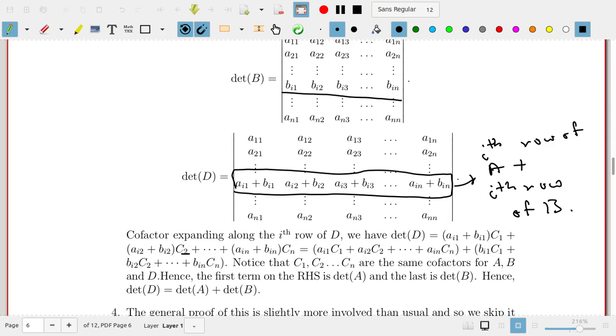Now you can separate the A terms and the V terms into separate summations. But this first group of terms is basically the determinant of A, and this second group of terms is the determinant of V. Hence, you have this to be true.